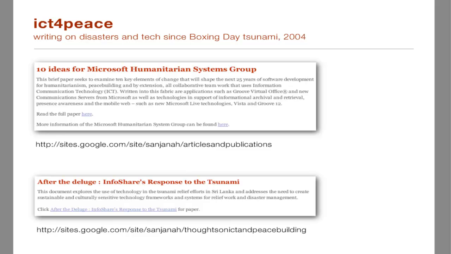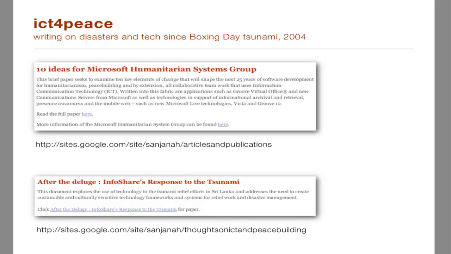And coming out of that, at around the time the Microsoft Humanitarian Systems Group was being set up by the greats in this industry like Robert Kirkpatrick, Nigel Snowdon, Eric Rasmussen, and the real giants in this field, with my humble experience, I proposed 10 points that, when I read back today, are still resonant with the context out there, post-Haiti, post-Pakistan, post-Kyrgyzstan, post-Gulf oil spill, and certainly post-Middle East now.